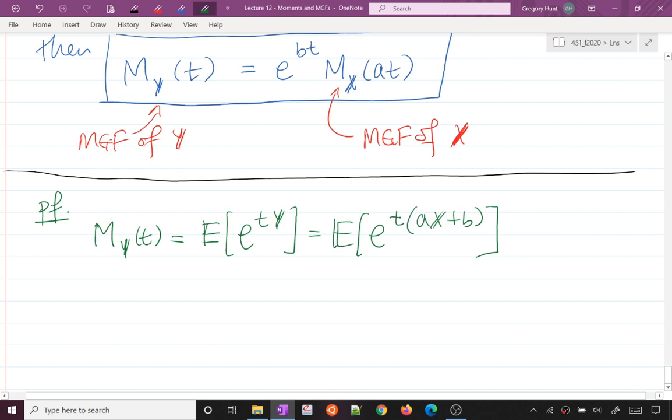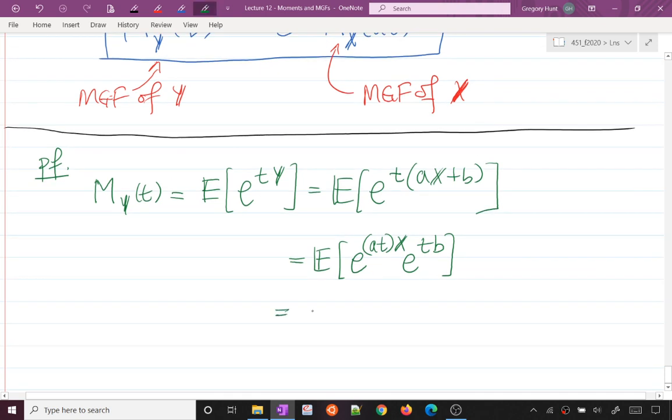We can separate things out using some exponent rules. This is e to the atx times e to the tb, right? That's just rules of exponents, grouping things in a different order. Exponents say if I have a sum in an exponent, I can write it as a product.